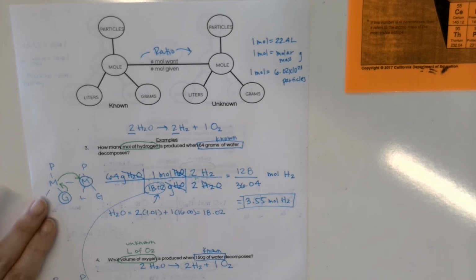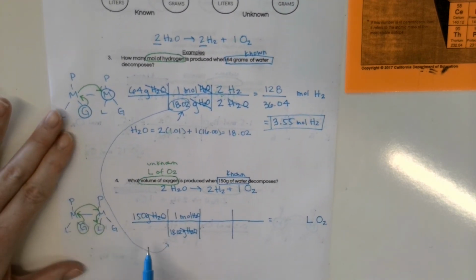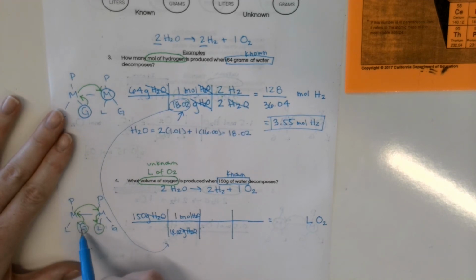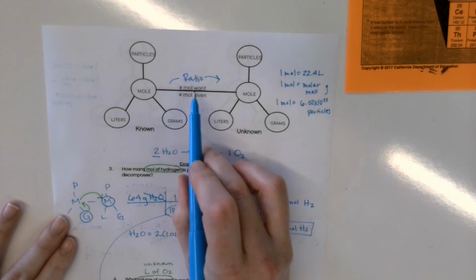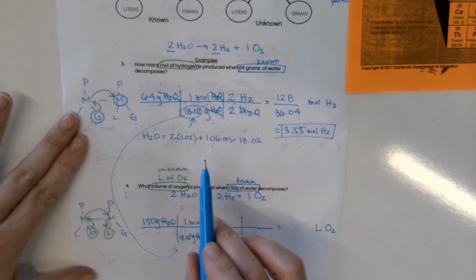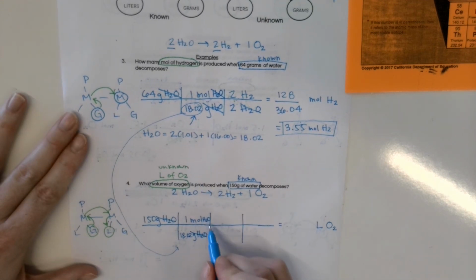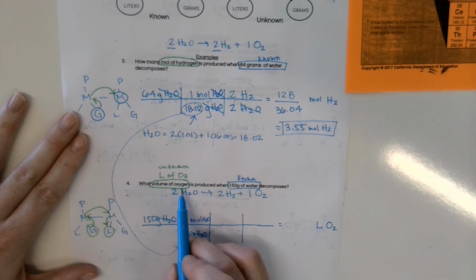So step 1, now you can see. Step 1 is done. We went from grams to mole of water. Now we need to bridge this gap between mole of our known to our unknown. So we're going to use our ratio of our coefficients to help us do that. So I need to go to liters of oxygen, but I have to go to mole first.